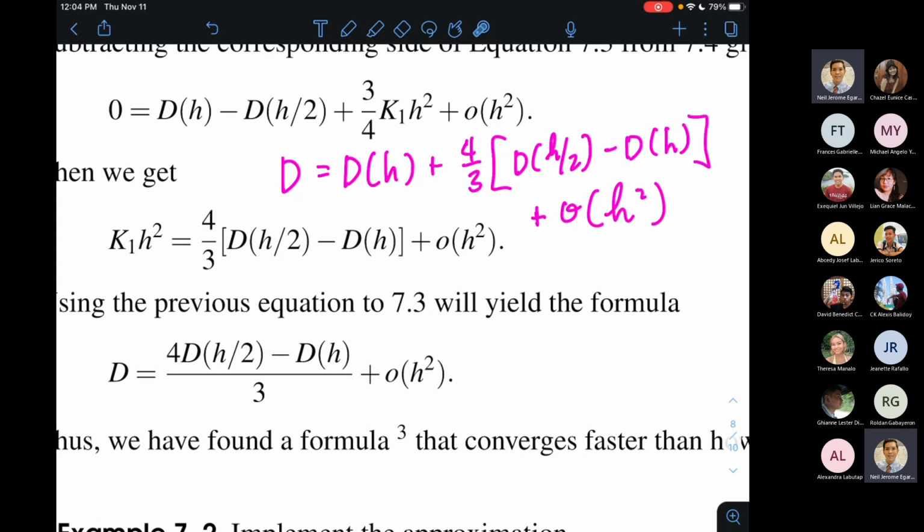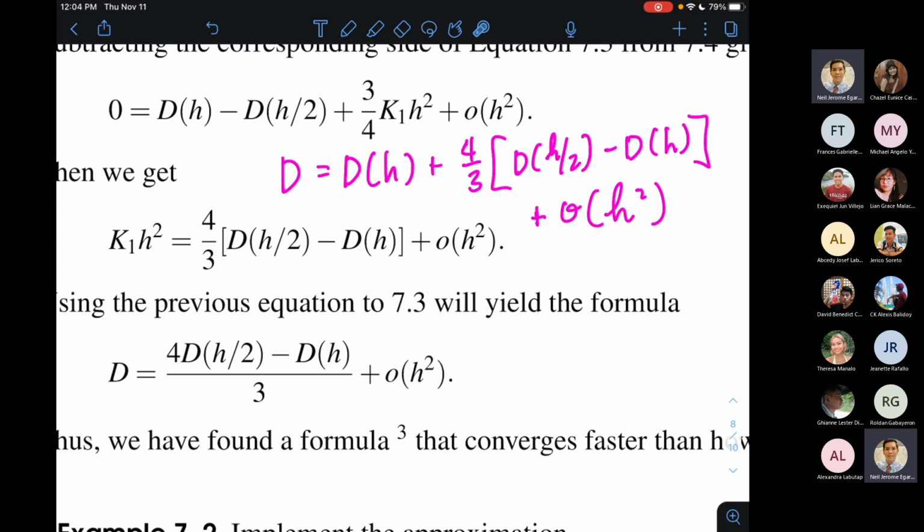But kaya importante na maintindihan nyo kung paano ginawa yung derivation at bakit pwede natin gawin yung bawat steps na yon. Okay? Any questions? Everything's clear? Can I see some thumbs up or some reactions if that's clear? All right, thank you guys.